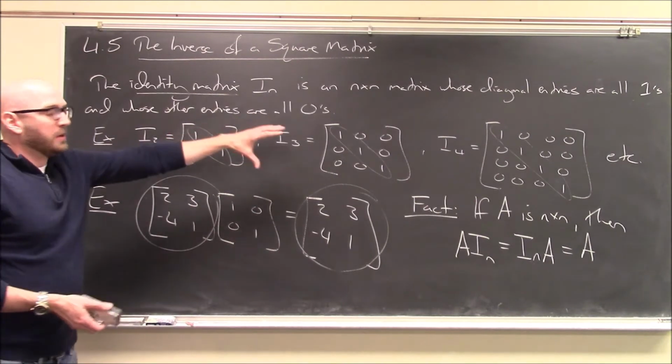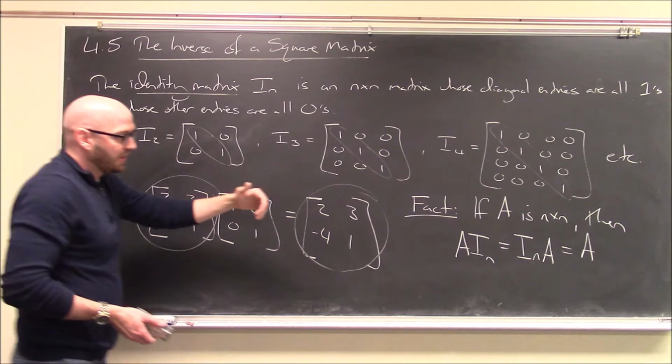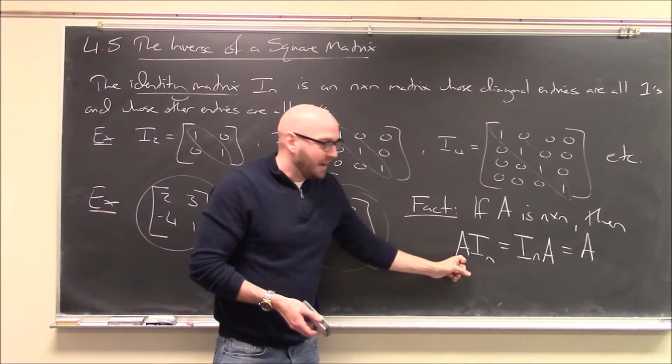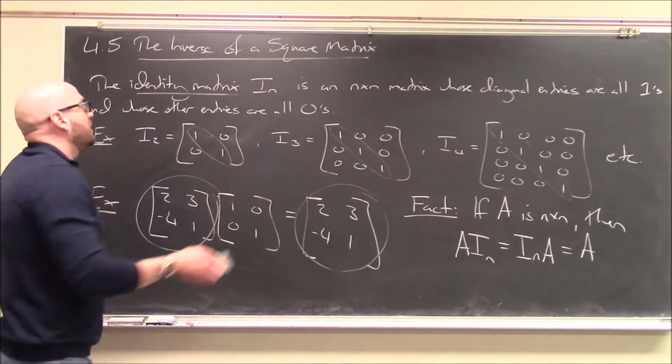This is the matrix version of 1. So I sub n is the n by n matrix version of 1. When you multiply an n by n matrix by it, it doesn't change anything. You just get the original matrix out that you started with.